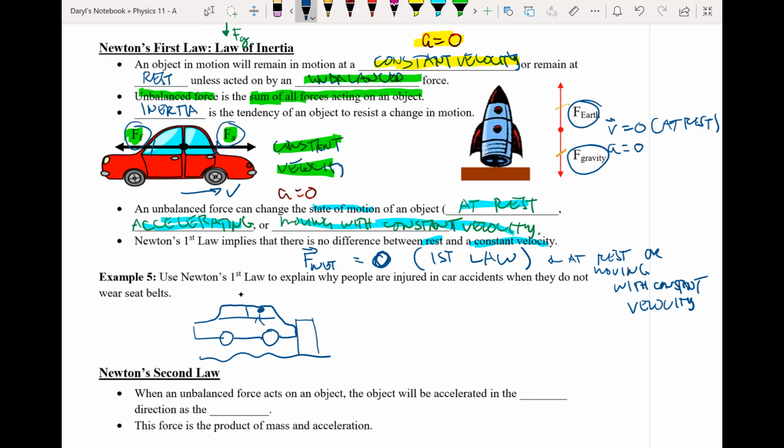If it hits that barrier, the car will stop. But due to inertia, which is just a property of objects, you will keep moving forward.